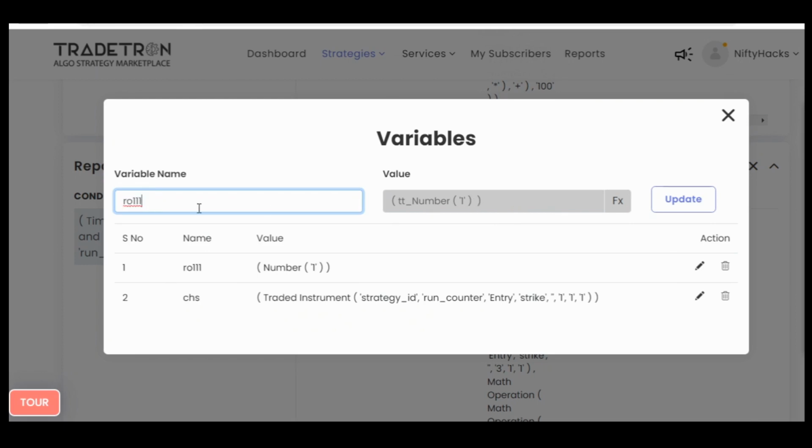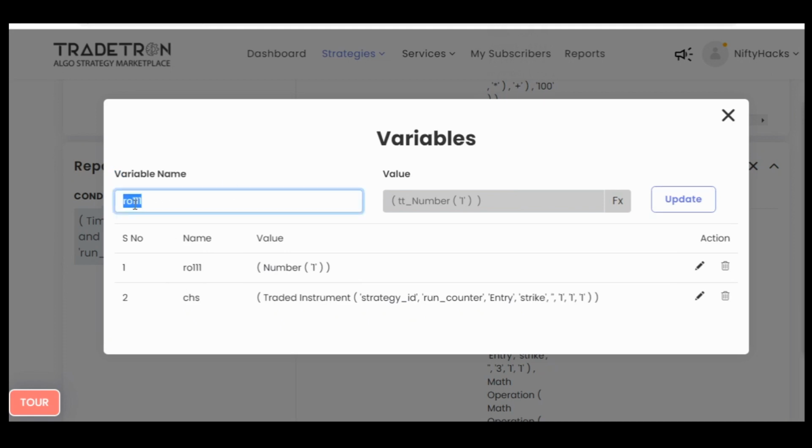So in all the strategies, in any set, if you use the get runtime box RO111, and compare whether it is number 1 or not number 1, Tradetron will consider this as whether these repair ones have happened or not, right? So this is why I have given this value.